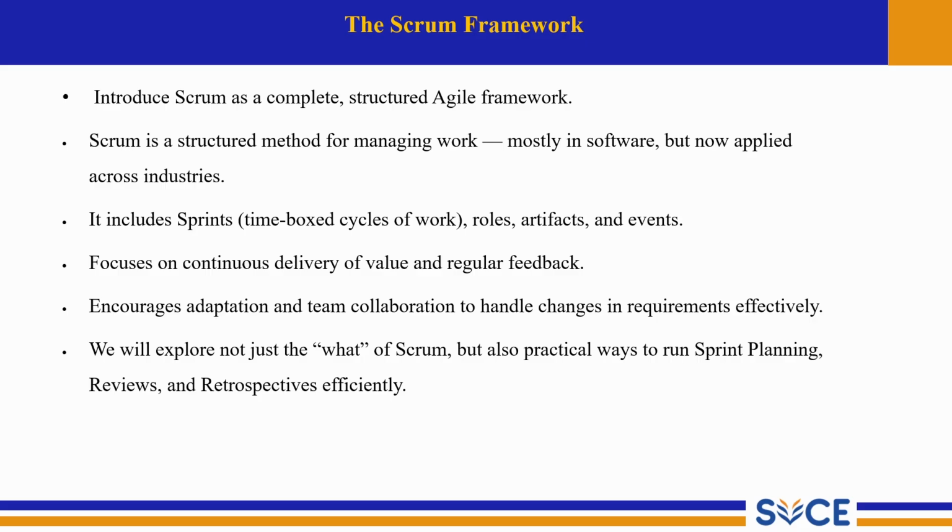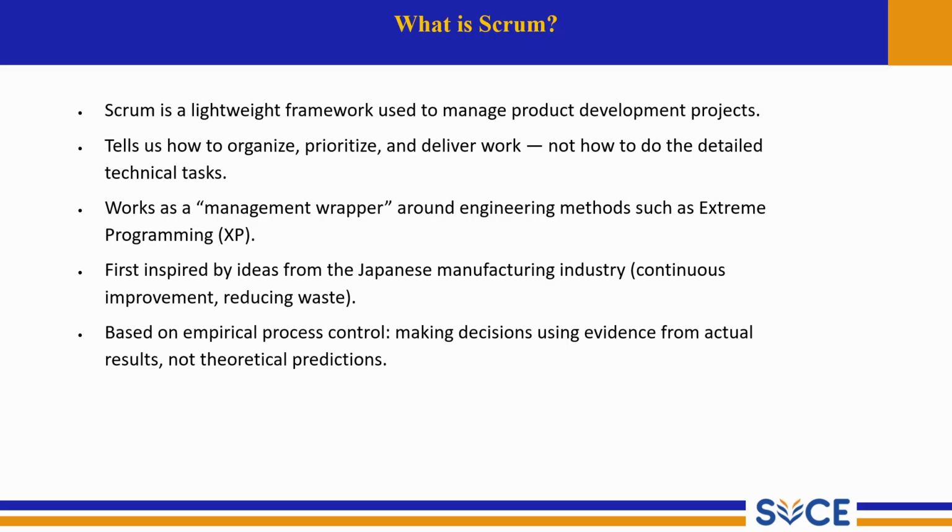Now we will explore not just the what of Scrum but also practical ways to run sprint planning, reviews, and retrospectives efficiently. Now we will move on to see what is Scrum.